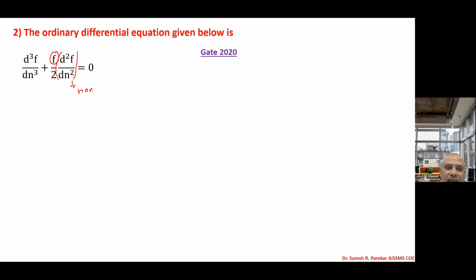First it will be very clear, non-linear. But now here you can see in both terms we have f, and therefore it is homogeneous. So we have this as a third order non-linear equation. In this, the question asked is whether the equation is linear or non-linear, and we also have to find the order. So this will be order 3.